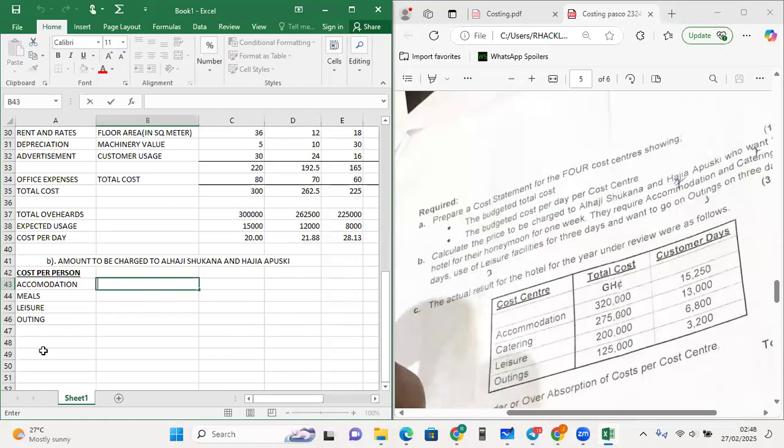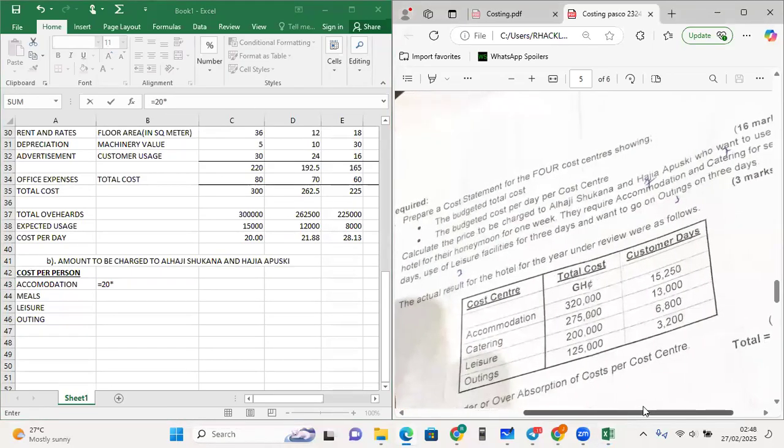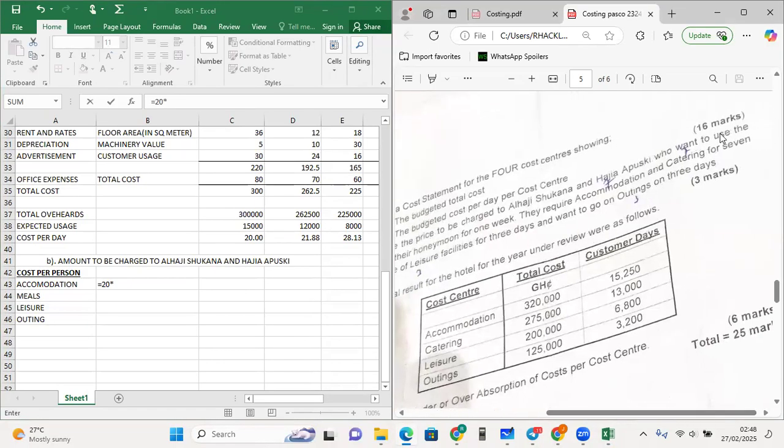So it is going to be equal to 20 times how many days are they using on accommodation? They require accommodation and catering for 7 days. For 7 days. So times 7.